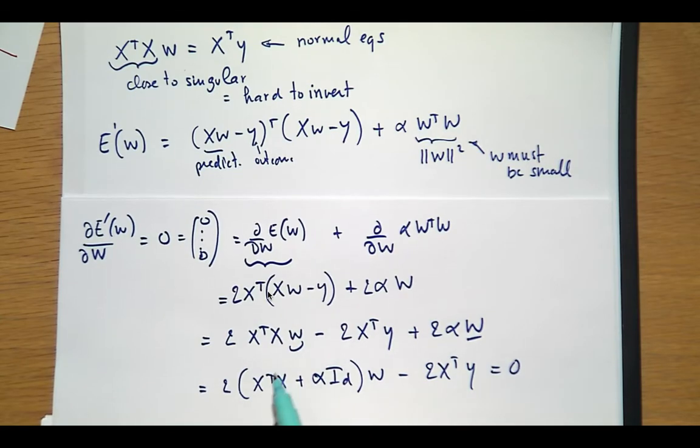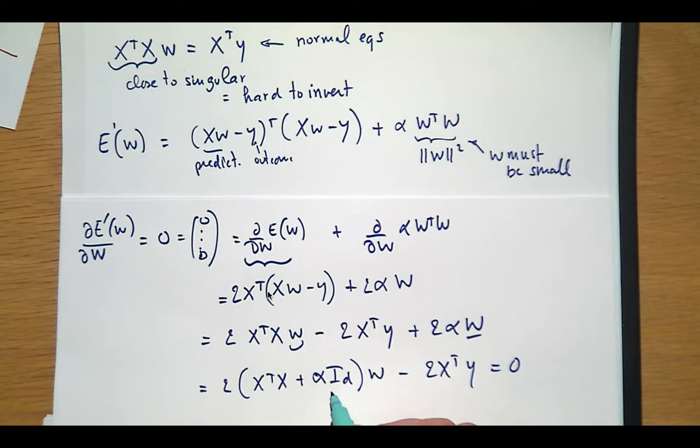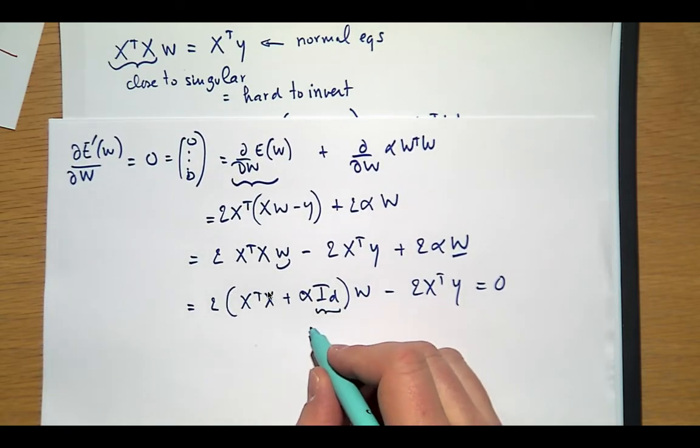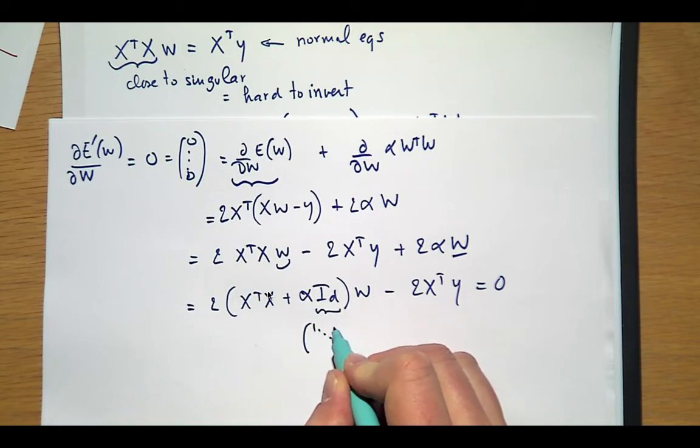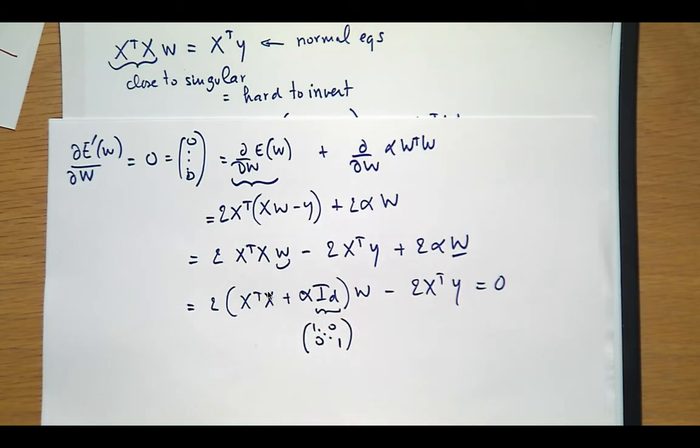Okay, so there's a little trick here. I had 2 alpha times W, and this is a scalar. But another way of writing the scalar is to say it's the identity matrix times W. The identity matrix, if you've forgotten what it is, is just ones on the diagonal and zeros elsewhere.